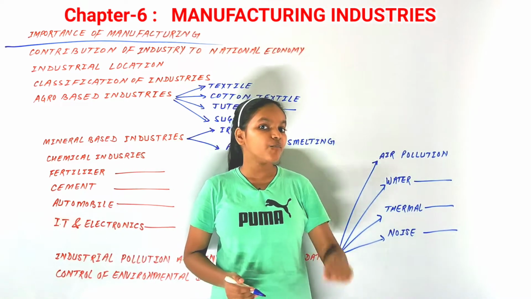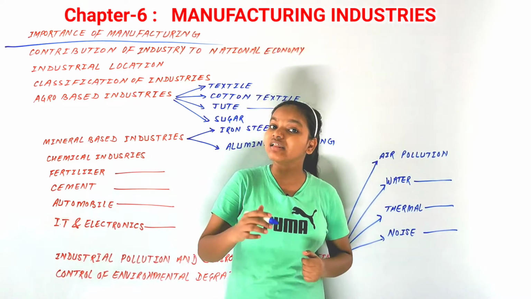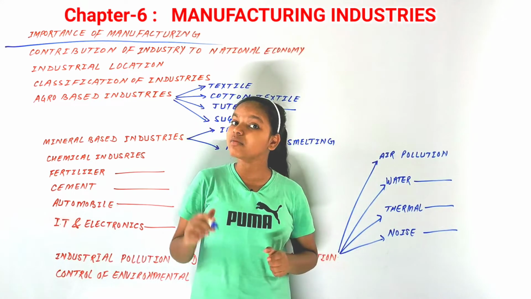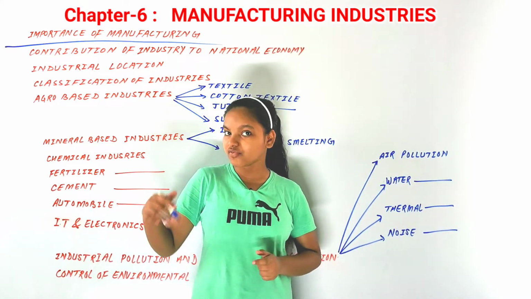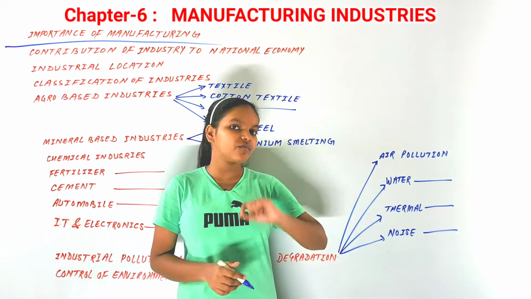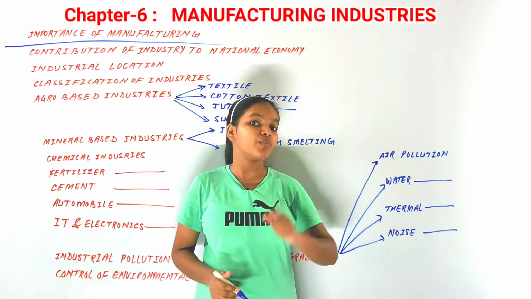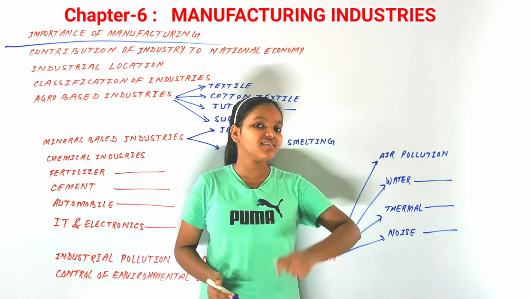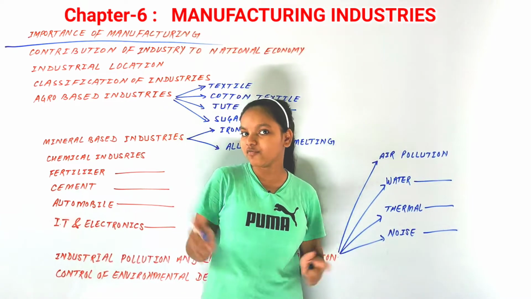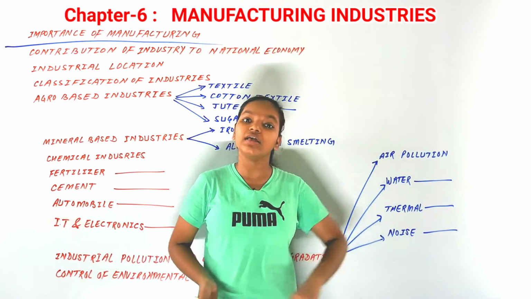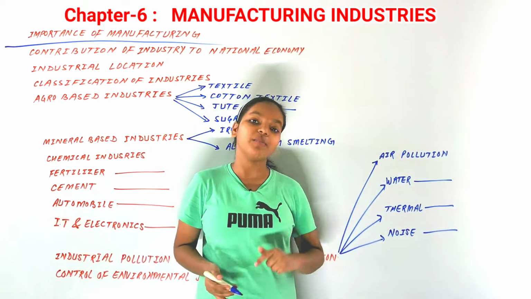If we have more manufacturing, it will increase trade and commerce with other countries as well, and we can have the much needed foreign goods in our country, because if we manufacture a lot of goods, we will export them to other countries and we will have imports as well. So these are some of the importances of manufacturing. Now there can be different types of manufacturing, like many things that you use are manufactured.